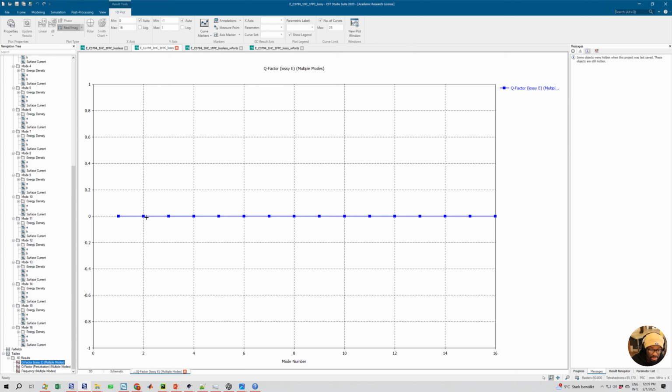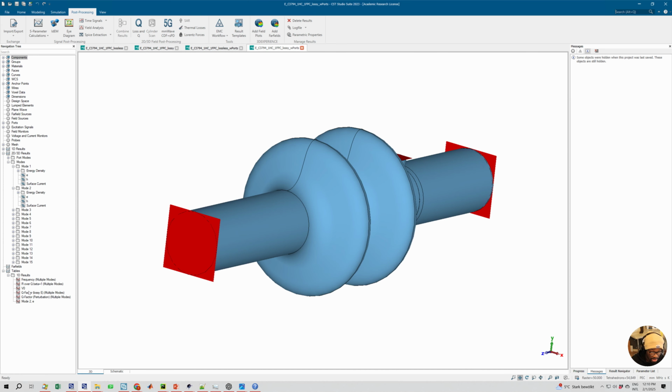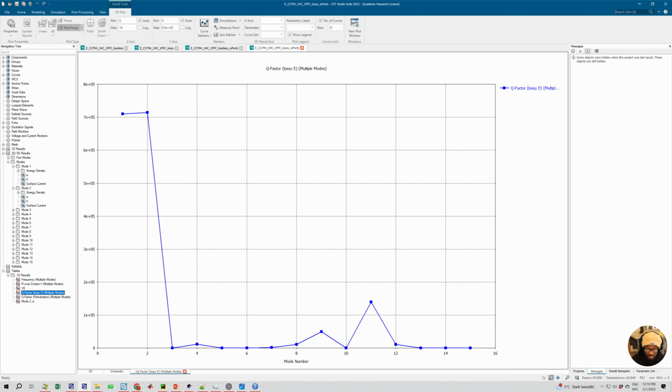So this is your lossy eigenmode simulation without ports, so it acts as your lossless and returns real eigenvalues, so your Q factor is 0. And then for the lossy with ports, you have some values for the Q factor external, the external quality factor, because it calculates the power flow through the ports.